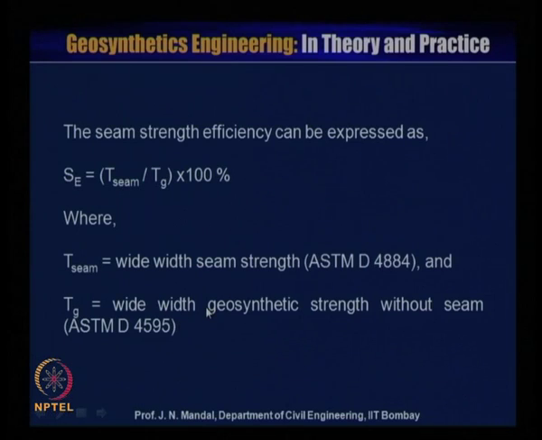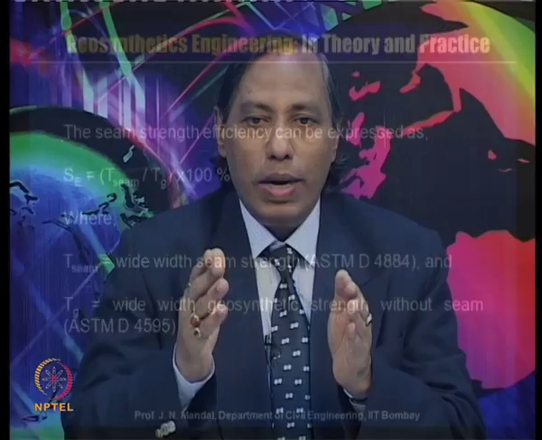So you know the wide width strength without seam, and you know the wide width strength with seam. You take the ratio into 100%, which gives you the seam strength efficiency. So you know what the seam efficiency is.